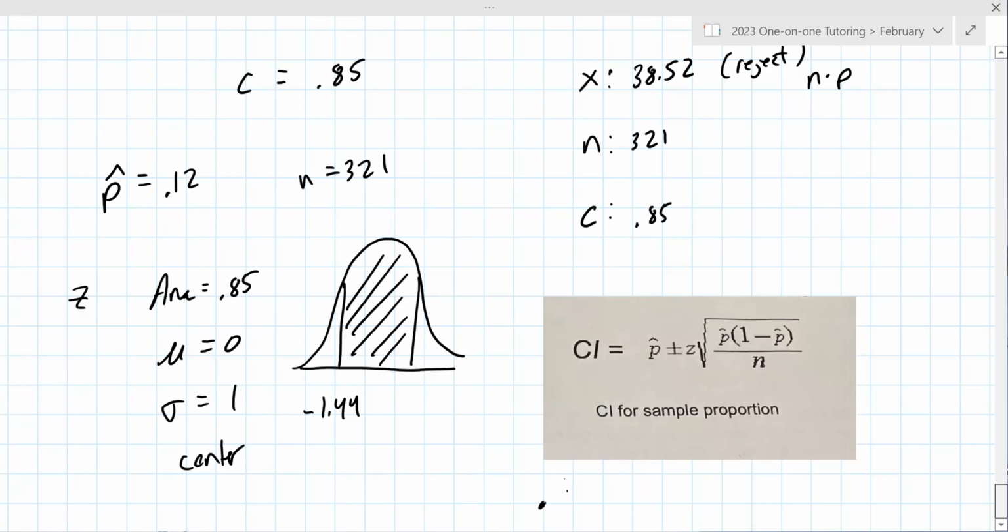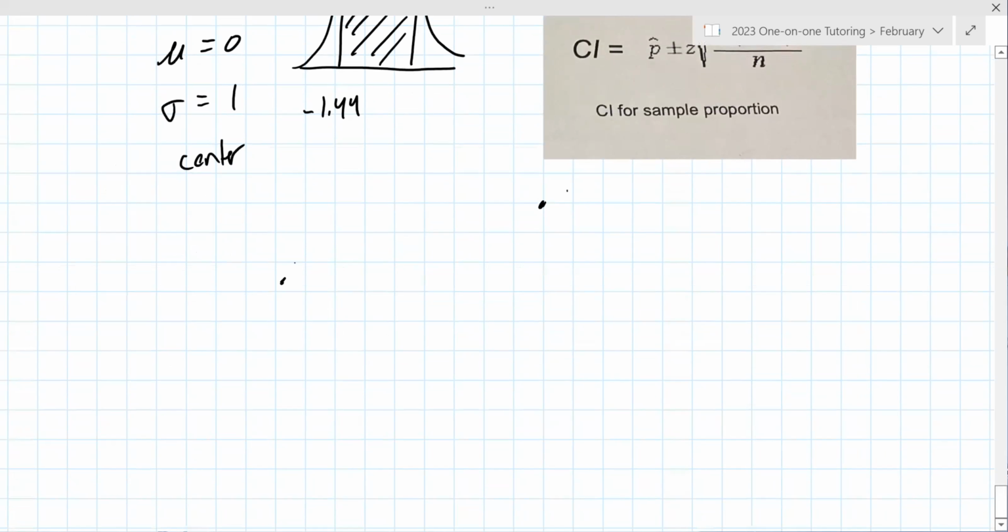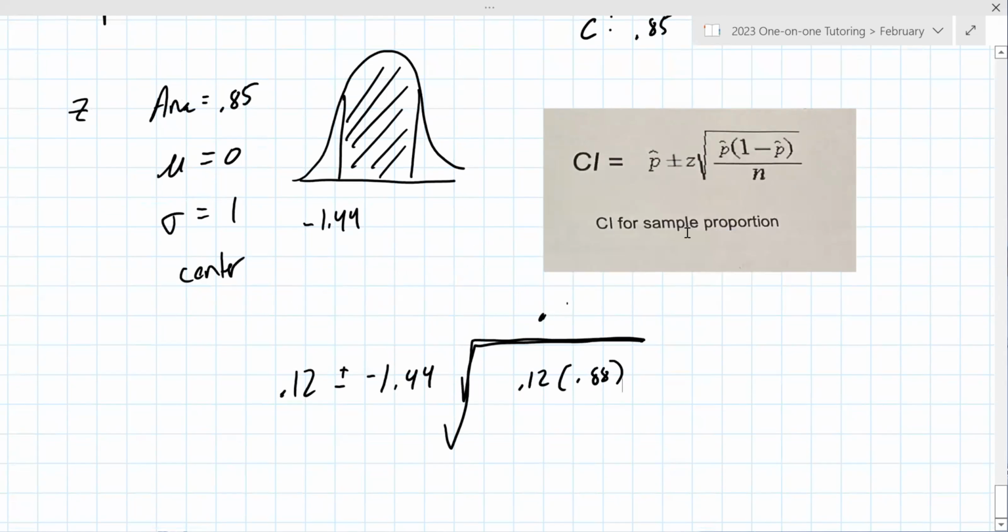Ooh, we got something slightly different. So let me just check here. Did you, so it's 0.12 plus or minus, and then minus 1.44 square root 0.12, 0.88, or 1 minus 0.12. So sometimes it's better to subtract it than to leave it as that over 321.